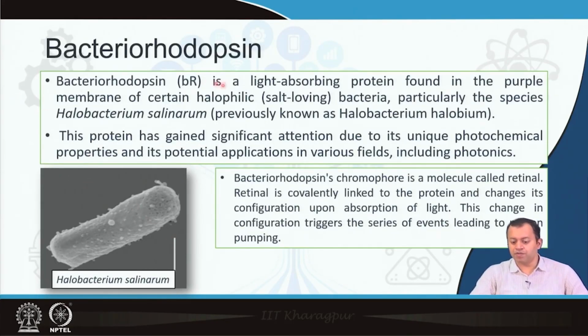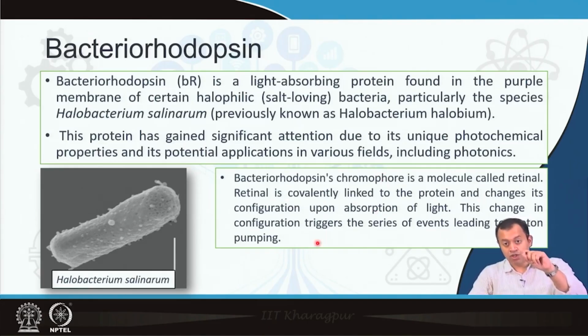Bacteriorhodopsin is a light absorbing protein found in the purple membrane of certain salt loving bacteria, particularly Halobacterium. This protein has gained significant attention due to its unique photochemical properties and potential application in various fields. We have discussed them in brain based imaging and whatnot.